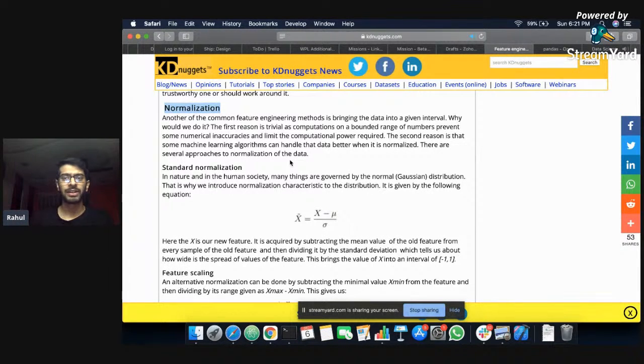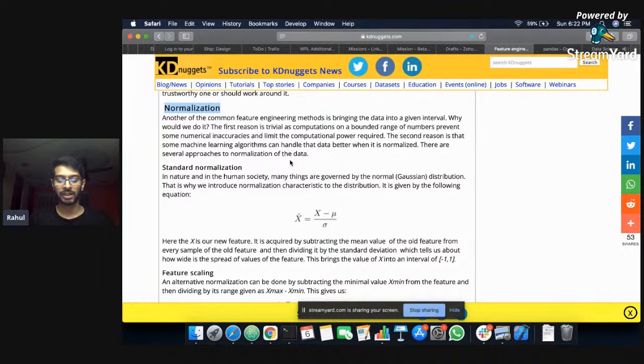This particular interval is huge, and sometimes your machine learning algorithms might go a little haywire because of this huge range. So you want to make the work easier for your machine learning algorithm, and for that reason, one thing people usually do is normalize their columns, or normalize their data set.